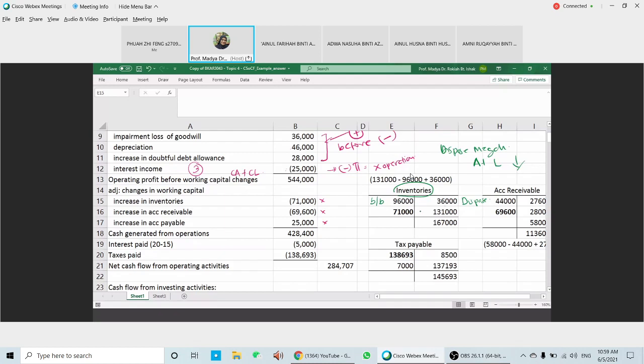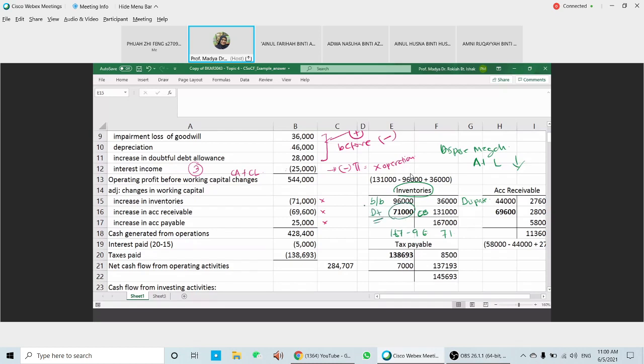And then this is your ending balance, 131. So altogether you have 167. So 167 minus your beginning balance 96, you're going to have an increase in inventory by 71. How do you know that this is an increase in inventory? Because it is on the debit side.